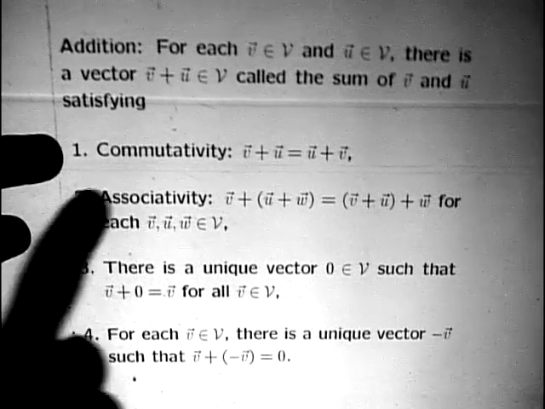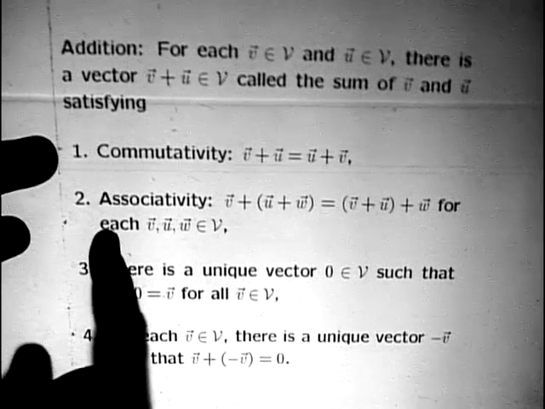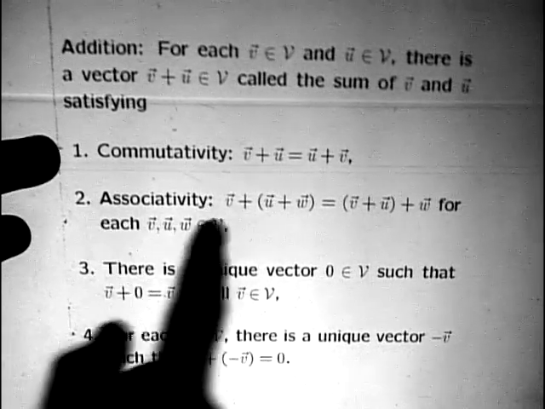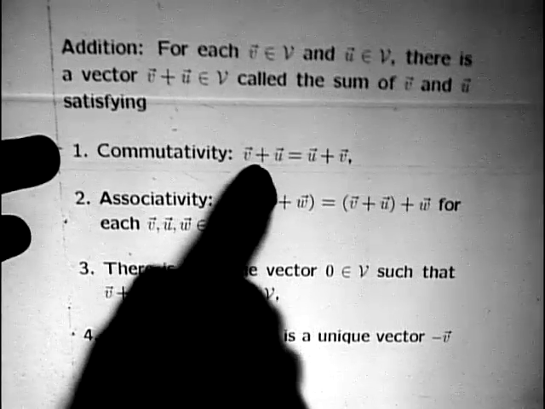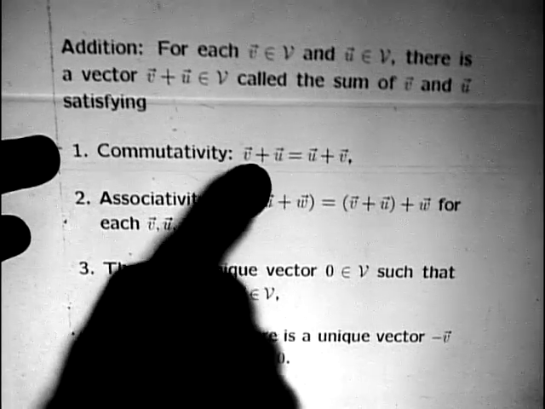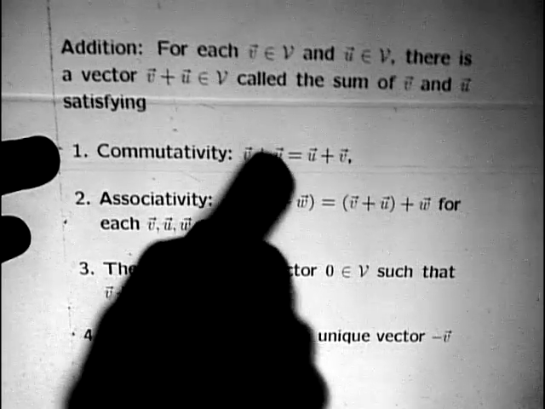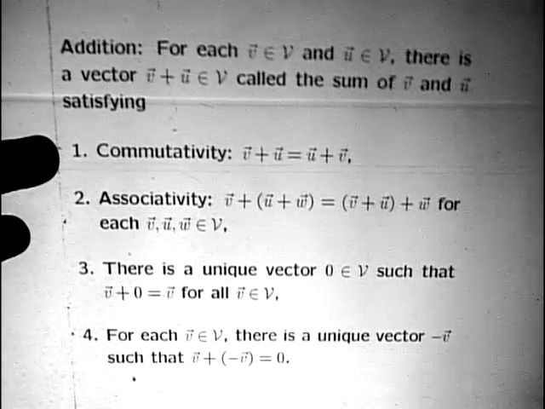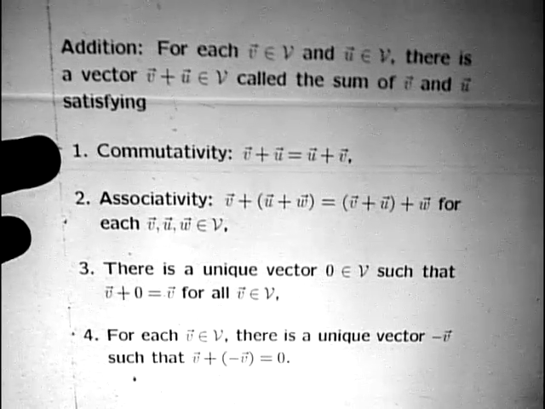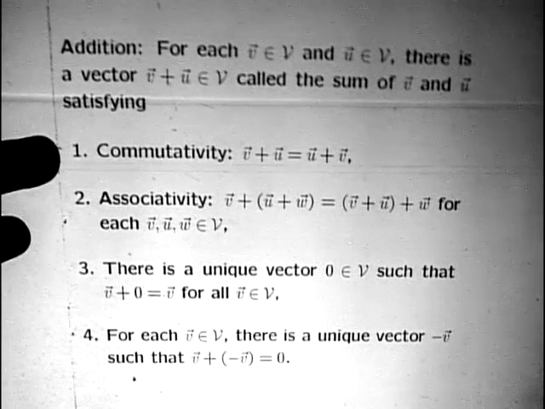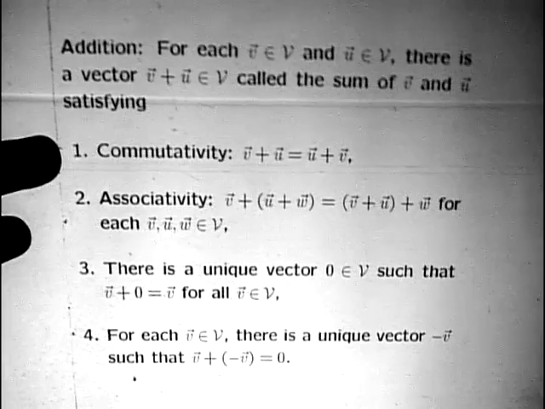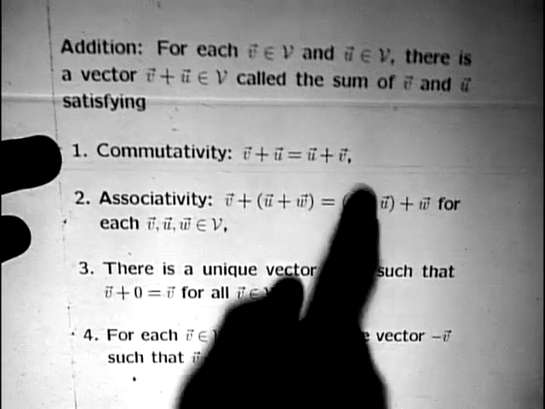The things we insist on before we will call this set a vector space are that we have an operation which we call addition. Fortunately for n-tuples, addition is what you would think it would be. It's element-wise addition. For sequences, it's element-wise addition again. For waveforms, it's function addition.